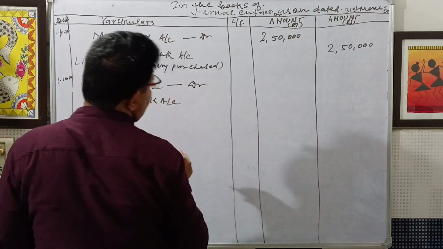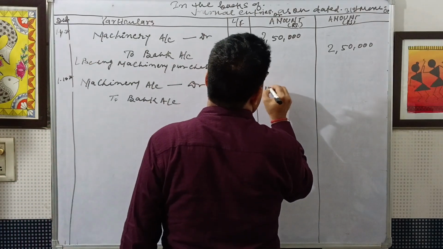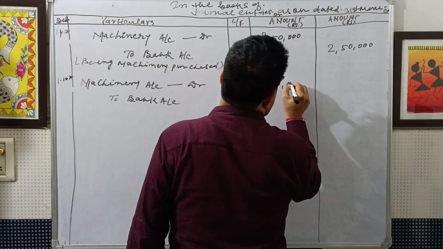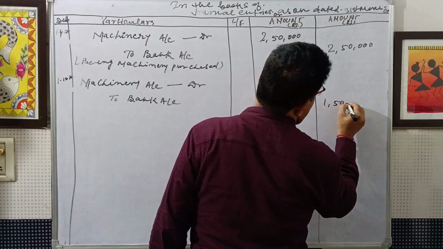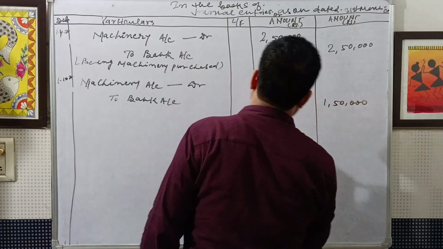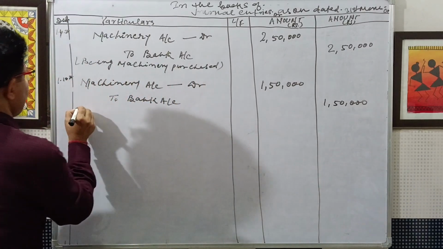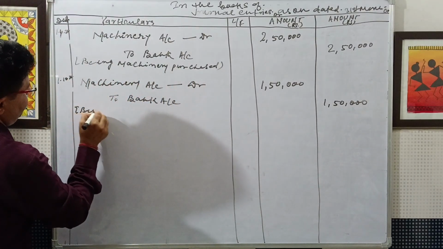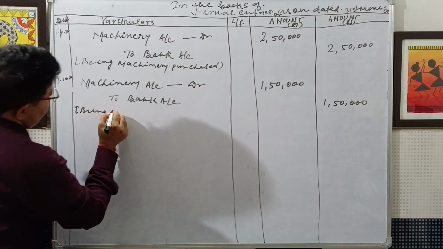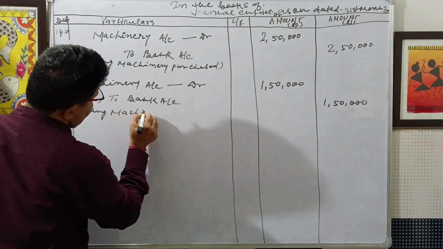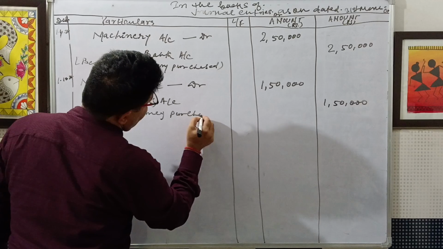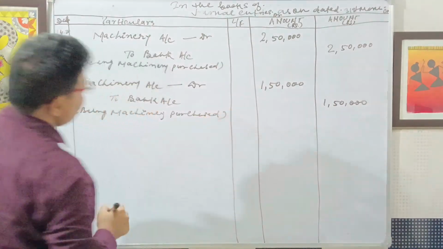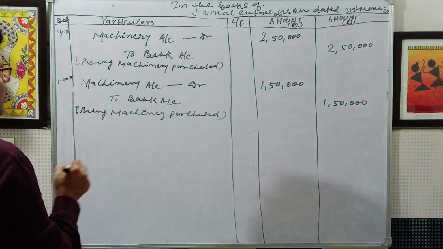How much? 1,50,000. Narration: being machinery purchased.